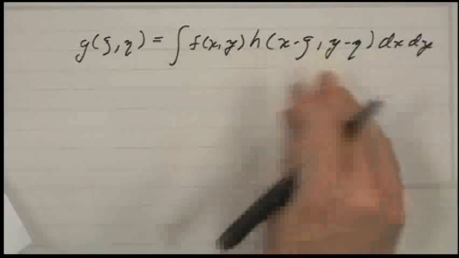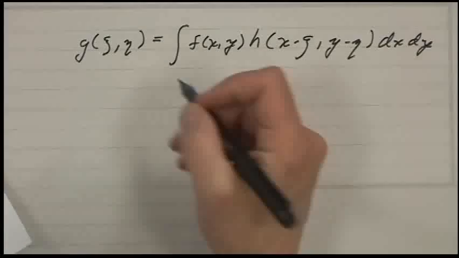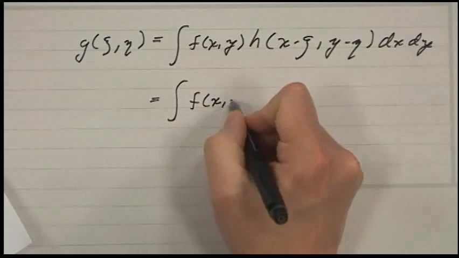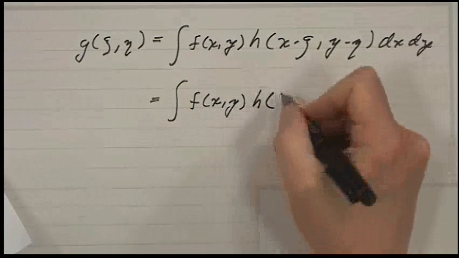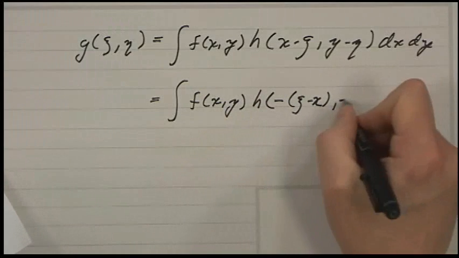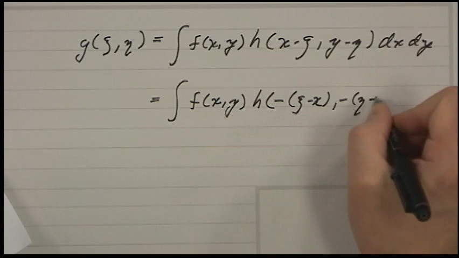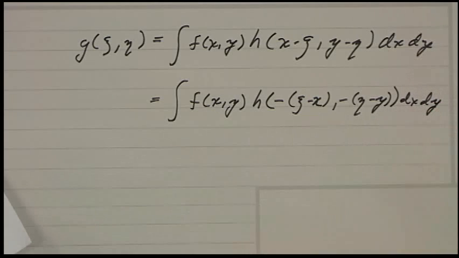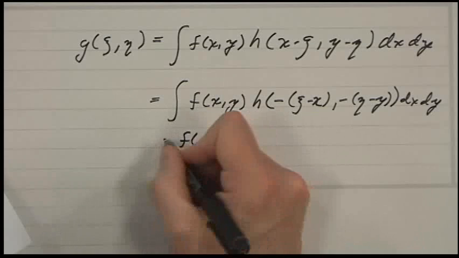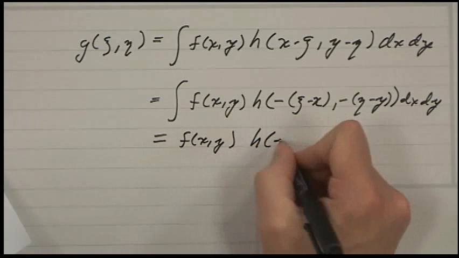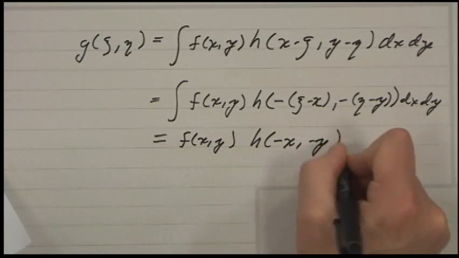That's not quite convolution, but I can make it into convolution if I just rewrite it this way. Now it looks like convolution between f of x y and h of minus x, minus y.